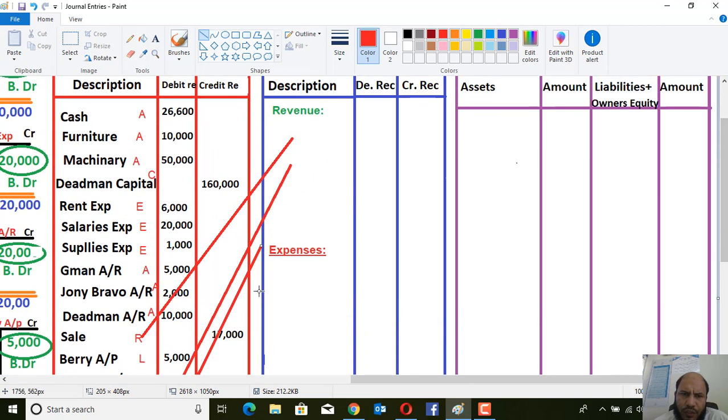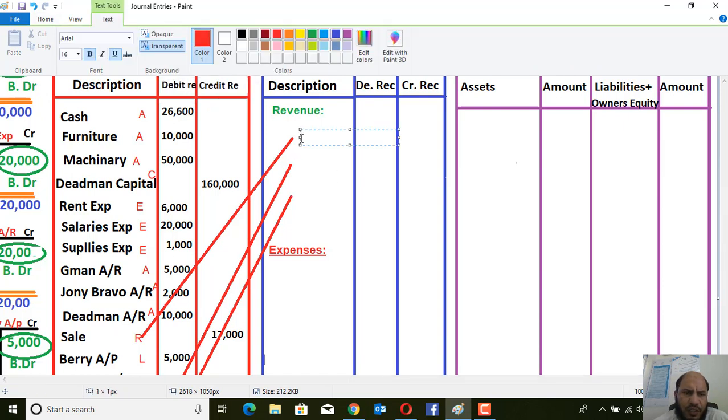So our first revenue account is, for example, the sale, and that is equal to 17,000 rupees. But that is a credit balance, so we should write it down at the credit side, 17,000.